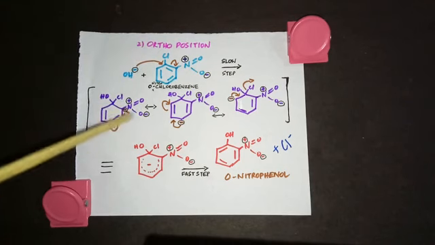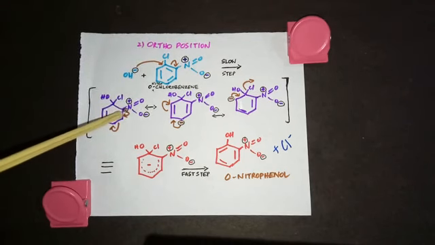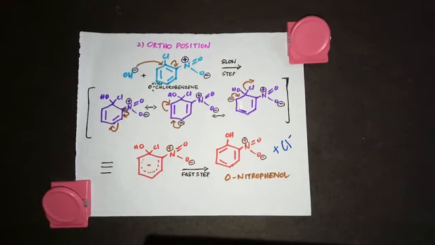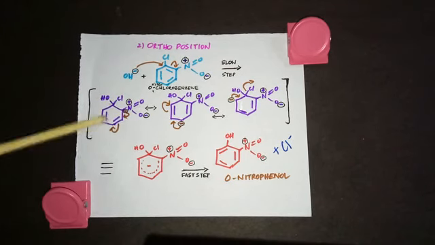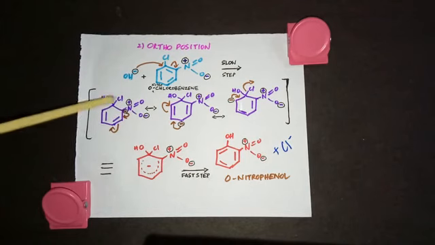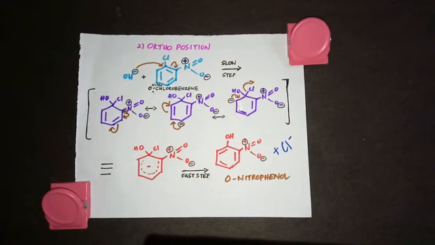Here in ortho also we can see the negative charge on the carbon to which the NO2 group is attached. So it shows this NO2 group at ortho and para position can effectively withdraw the electron density from the benzene ring, because we are talking about nucleophilic attack. So when this electron density on the benzene decreases, the nucleophile can come and attack easily.